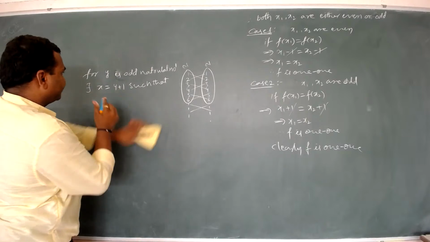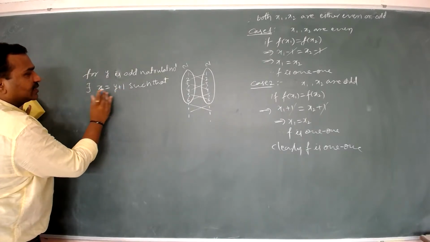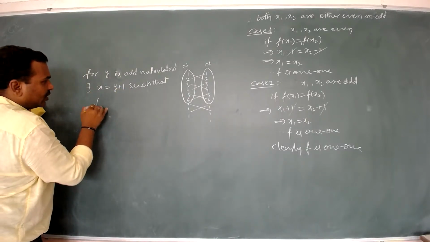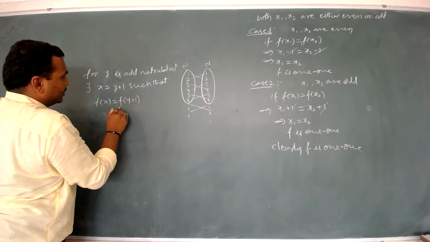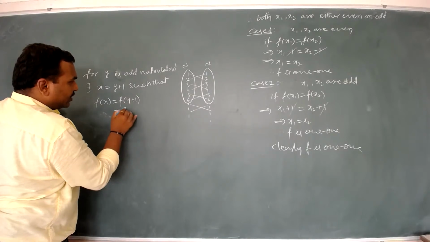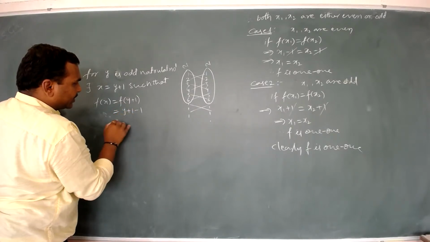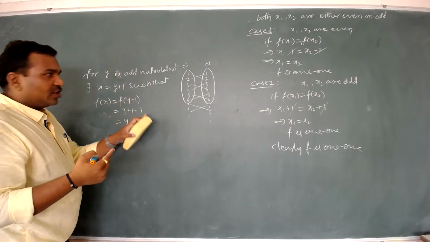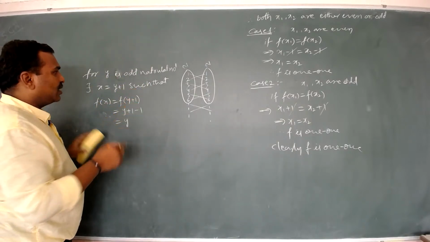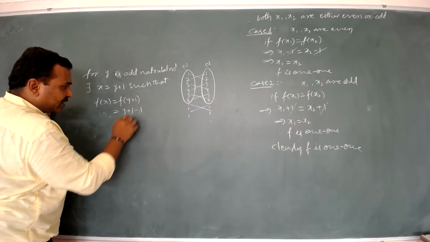Check it: f of x, that is f of y plus 1, so y plus 1 minus 1. That is y only, because the f of x value is x minus 1 if x is even, so we get like this.